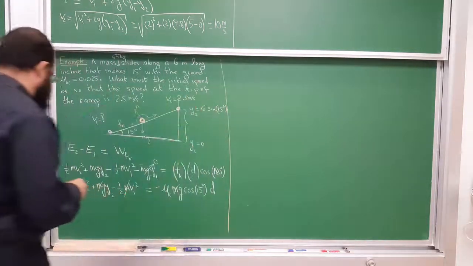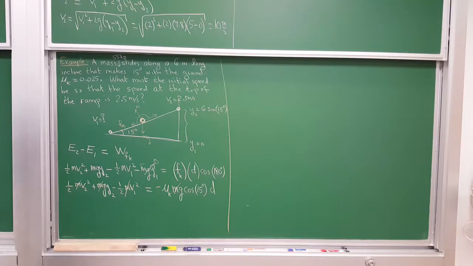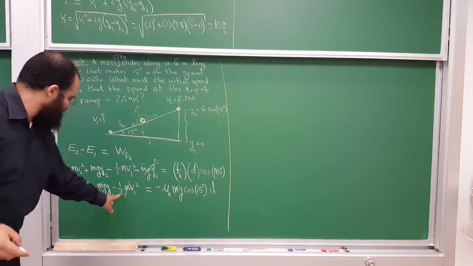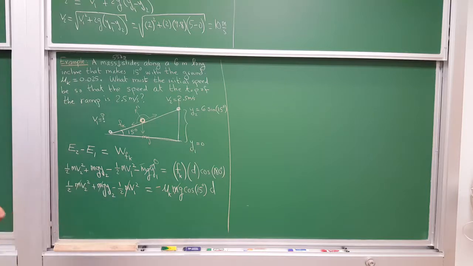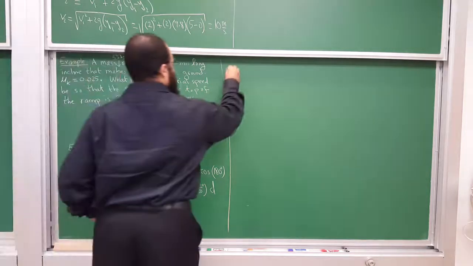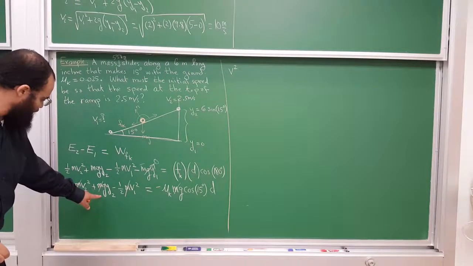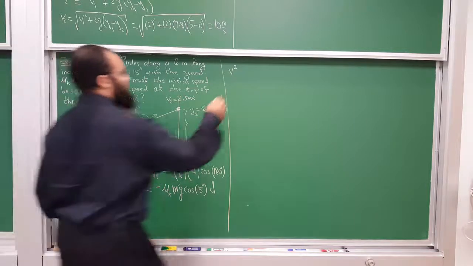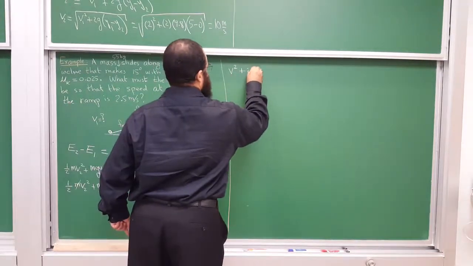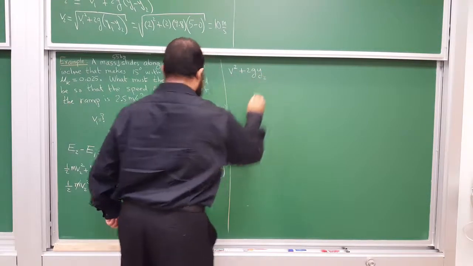So let's see what we have now. Let's multiply everything by 2 to get rid of the 1/2. When you multiply by 2 here, you get v2 squared. Then you multiply by 2, you get plus 2gy2.